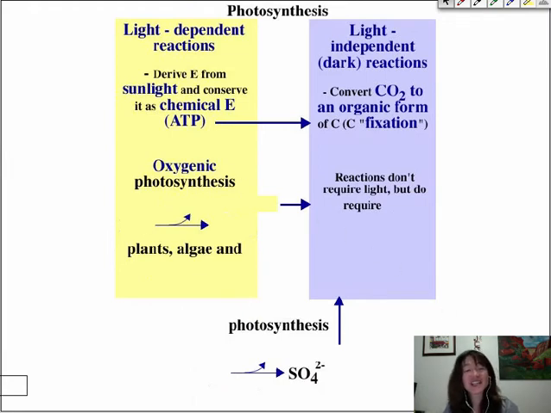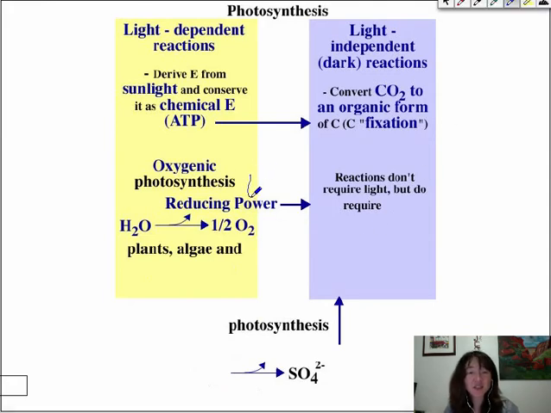If it's oxygenic, then we know that it comes from water, and electrons are stripped off of water to create reducing power, and of course that derives oxygen as a byproduct. We could put in parentheses here that this particular reducing power is NADPH. We know so, right? Because that's the type of reducing power that's used in biosynthesis. So that's going to be the type of reducing power utilized in the light independent or dark reactions.